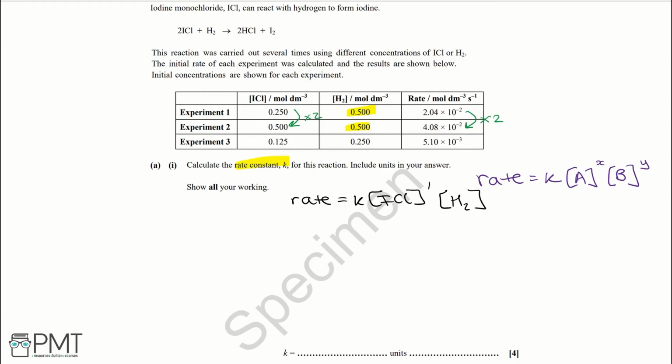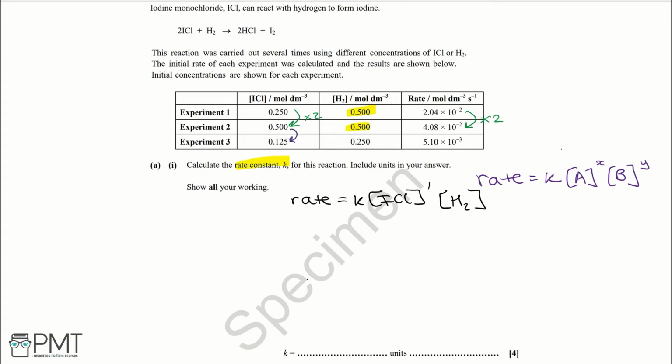So now we've worked out our order of reaction with respect to ICl, we can work out the order with respect to H2. We don't have an experiment where the concentration of ICl stays the same, but we do know that ICl is first order.